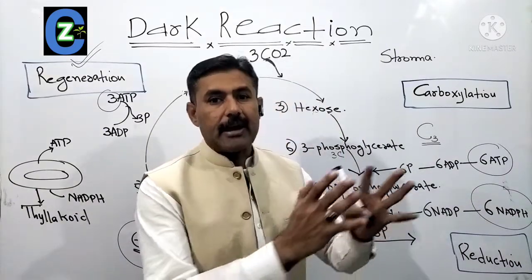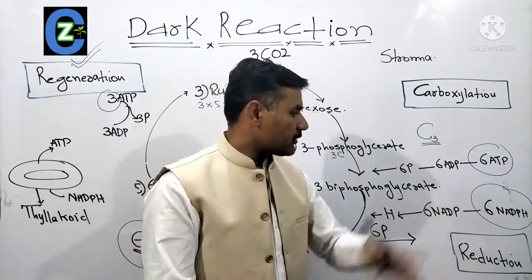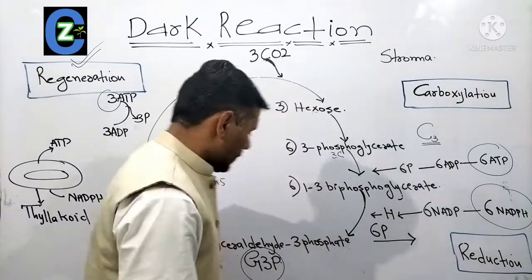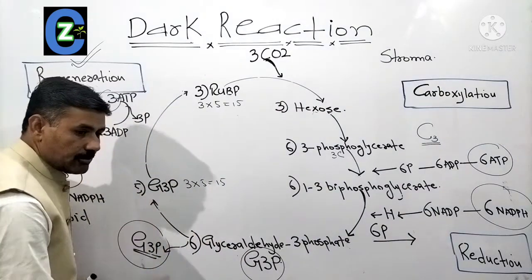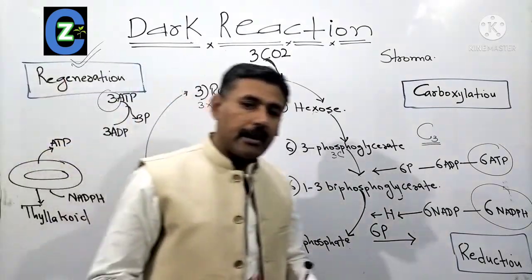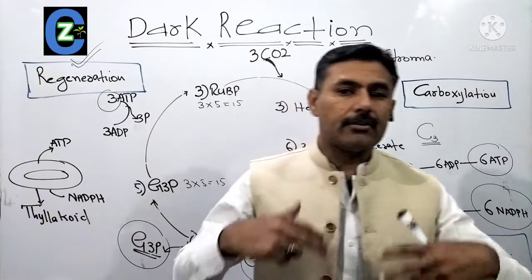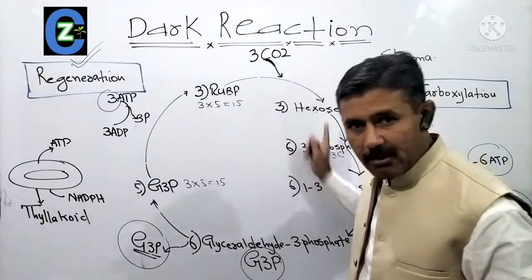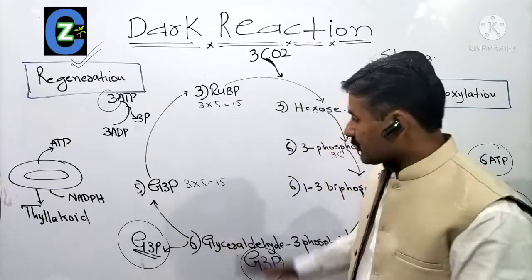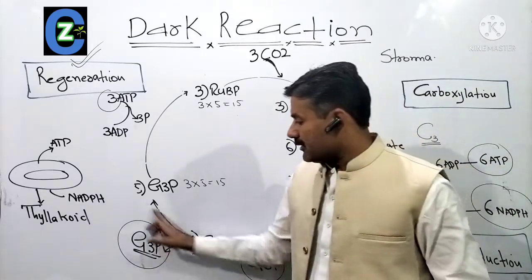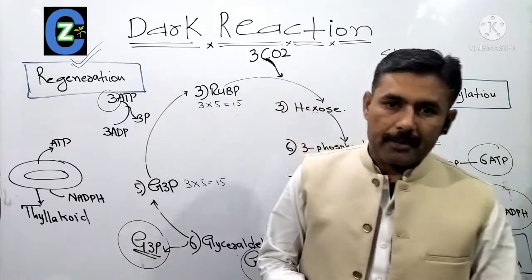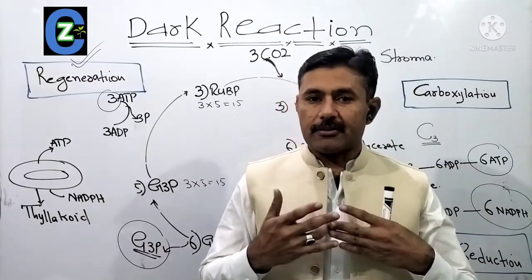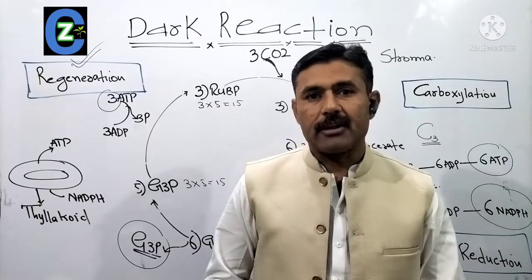Therefore, we say 9 molecules of ATP and 6 molecules of NADPH are used just to produce a single molecule of a triose, glycerolaldehyde 3-phosphate. And in order to produce 1 molecule of glucose, we will have to double this total amount of energy, and we'll have to repeat the cycle. Then we'll be able to produce 1 molecule of glucose. This is the dark reaction, and this is the end of the process of photosynthesis.